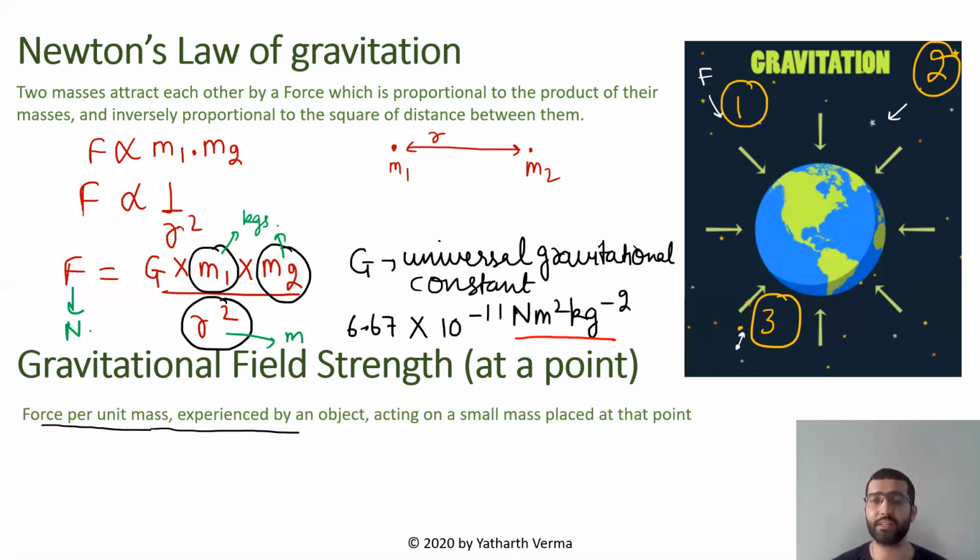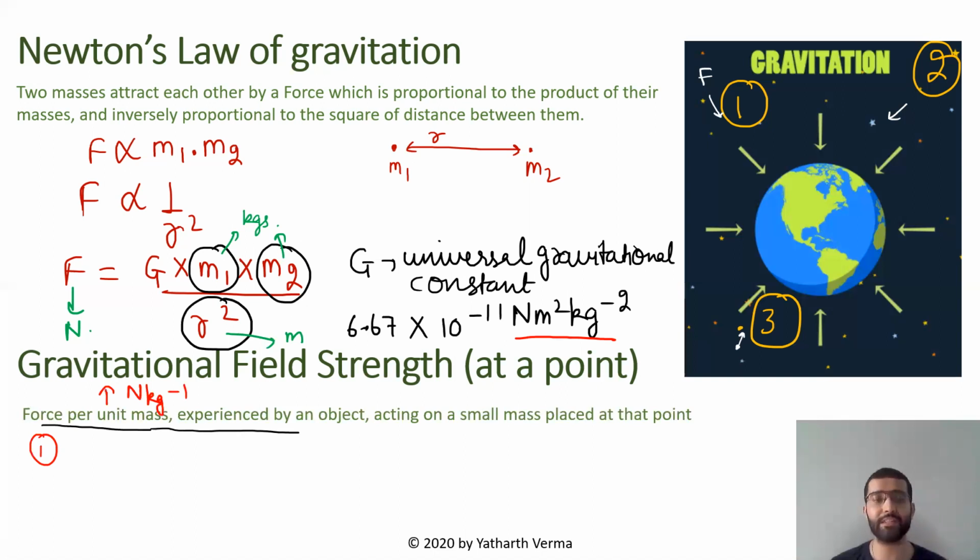But can we compare different masses having different forces? No. To be able to comment about the strength of the field, we need to know force per unit mass acting, right? Force is acting, but what is force per unit mass? Force per unit mass has unit of newton per kg, right?